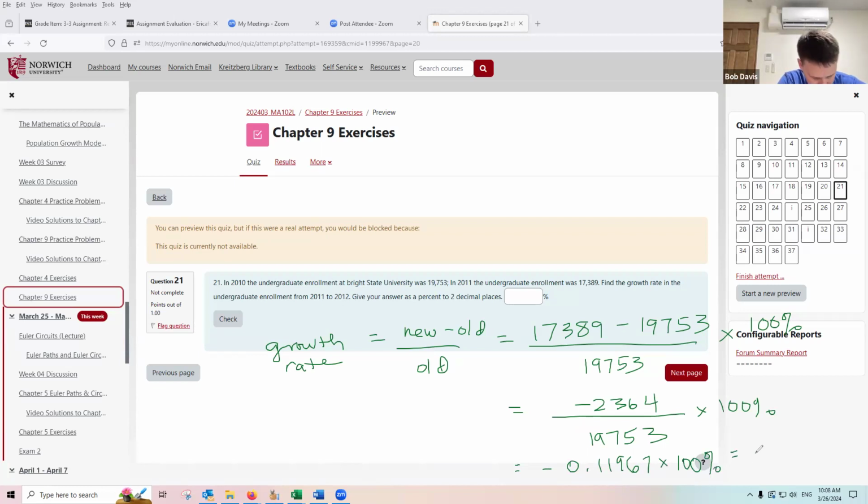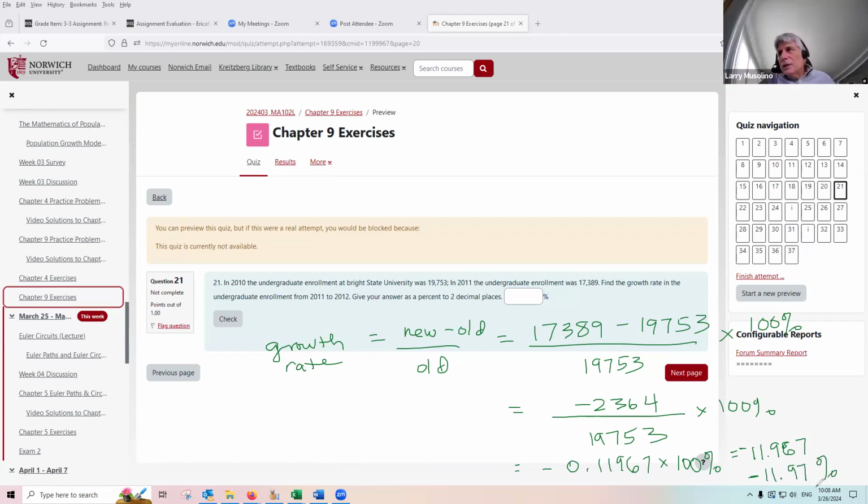Which times 100, moving over, gives me a negative 11.967. It says round to 2, so negative 11.97. You got it. Excellent. Awesome.